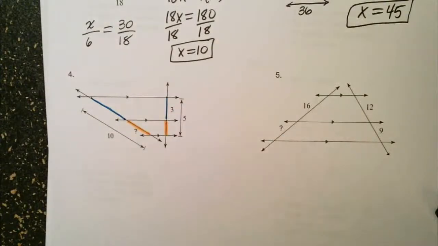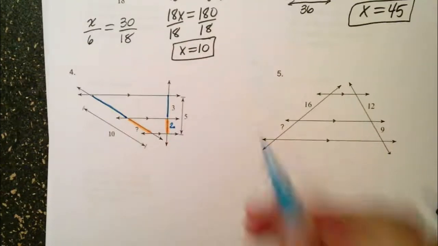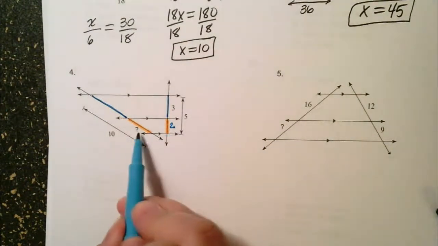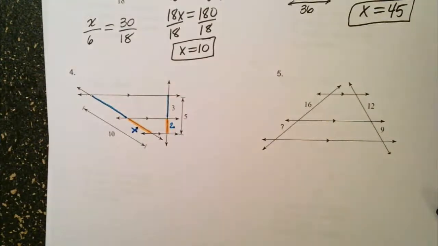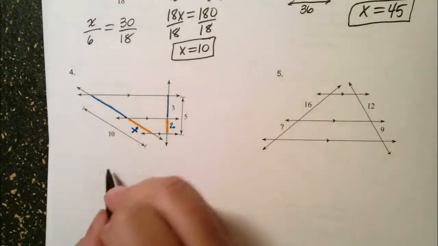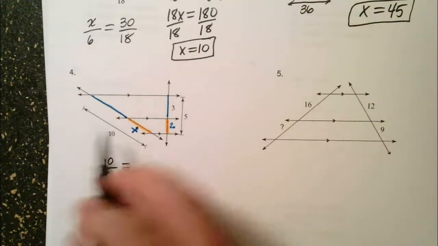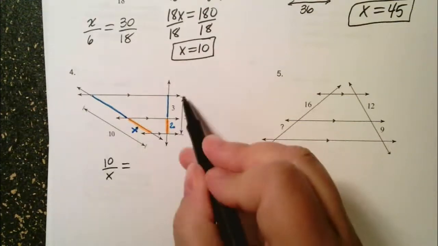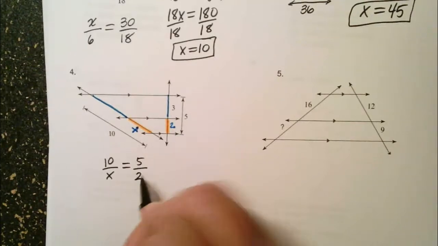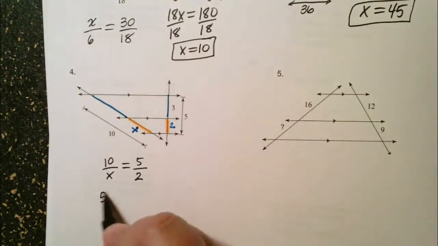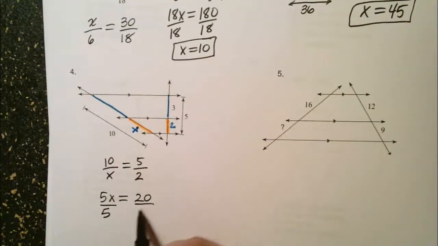I think it will be to my benefit to subtract 3 from 5 and get a 2 for that, because that's the part I need to compare to the question mark or the X. We'll call it an X. So then it's 10 over X equals 10 is the whole side, so I'm going with 5 over 2. Cross multiplying gives me 5 times X equals 10 times 2, and X equals 4.